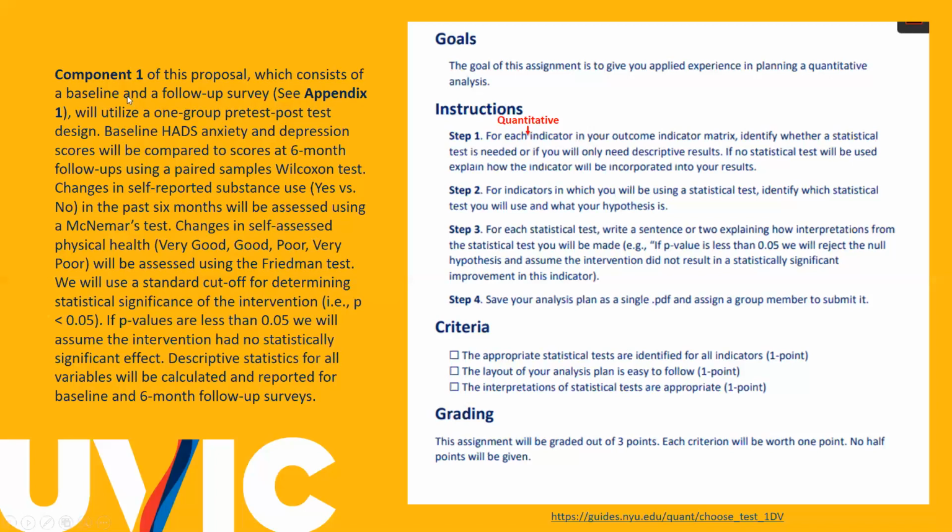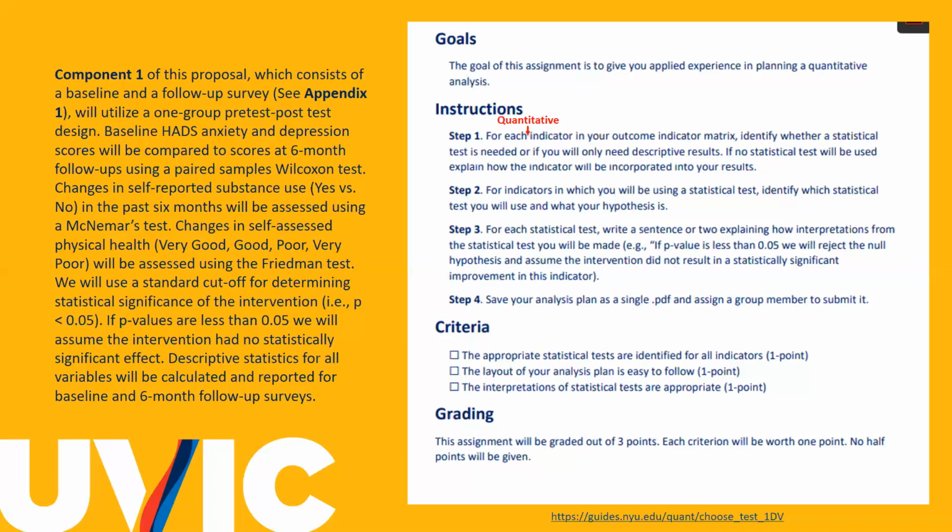So I put an example here of what your analysis plan might look like for a component. If you're just doing one survey to assess all of your indicators, then it can be as short as this, where you say, component 1 of this proposal, which consists of a baseline and a follow-up survey, see appendix 1. That's where I should be able to find your survey so I can look up what types of questions there are.